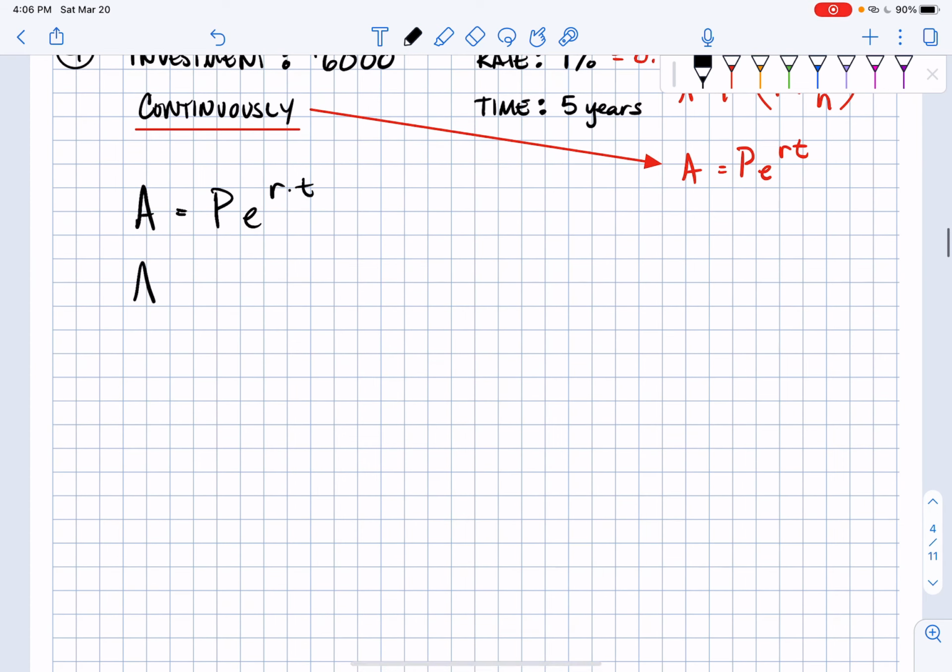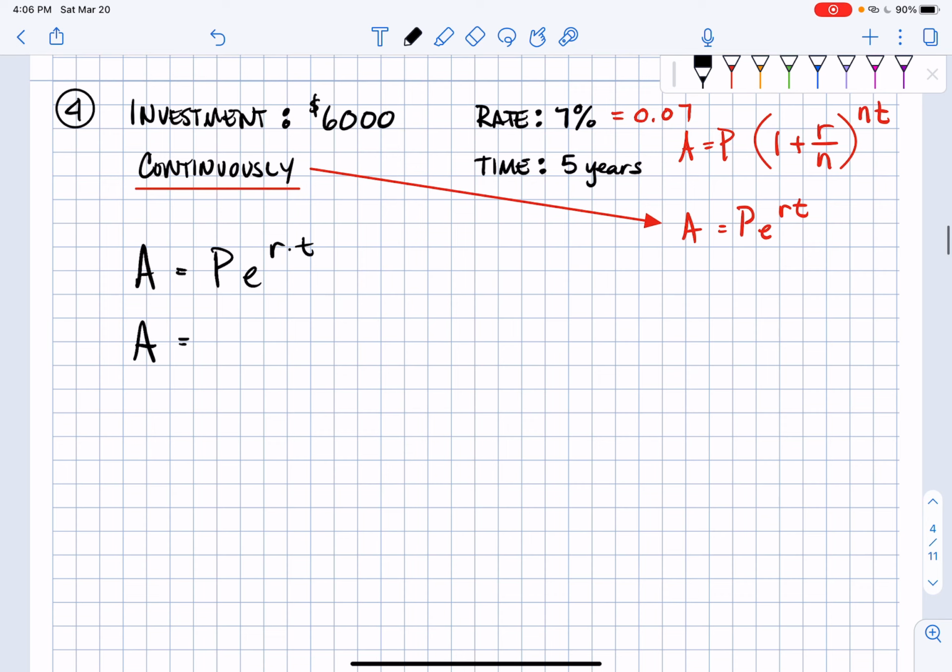So A is equal to my 6,000 investment times E raised to the R, which is 0.07, times my time, which is 5 years. Okay, so essentially what I have right now is A is equal to 6,000 times E raised to the 0.07 times 5, which is 0.35.